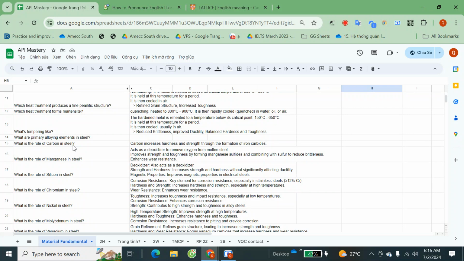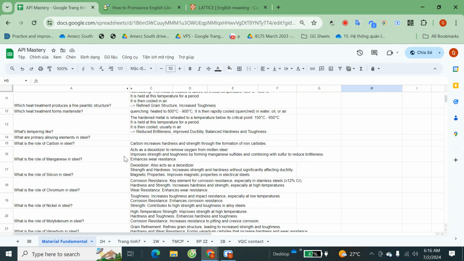What is the role of carbon in steel? Carbon increases hardness and strength through the formation of iron carbides. What is the role of manganese in steel?